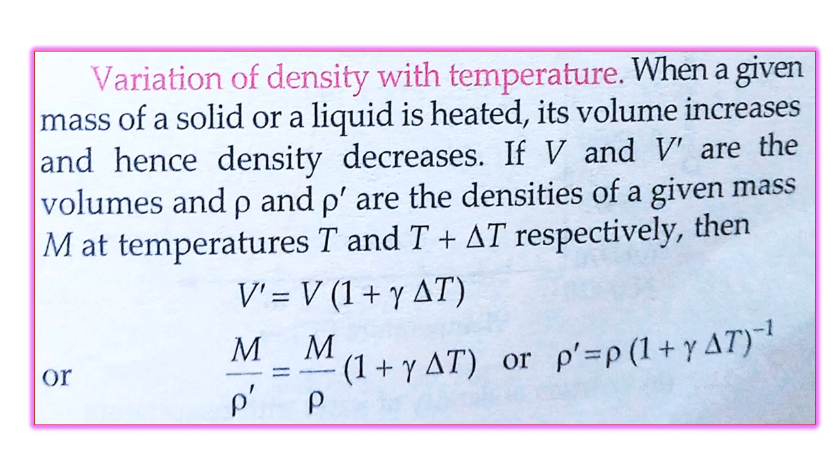So M upon rho dash equals M by rho into 1 plus gamma delta T. M can be cancelled out because the mass remains the same. So rho dash equals rho into (1 plus gamma delta T) inverse.